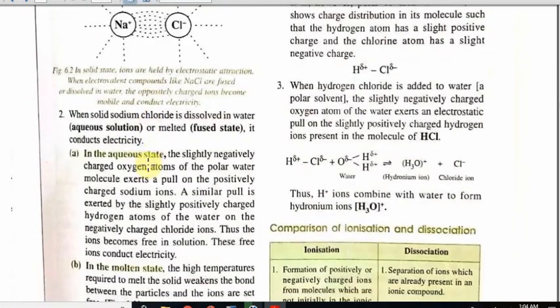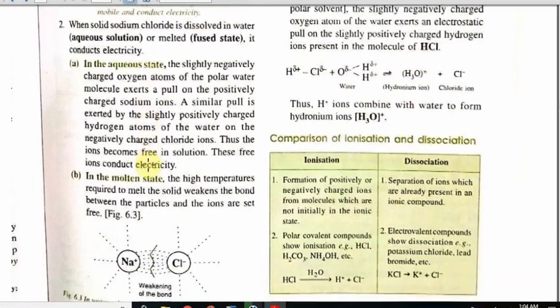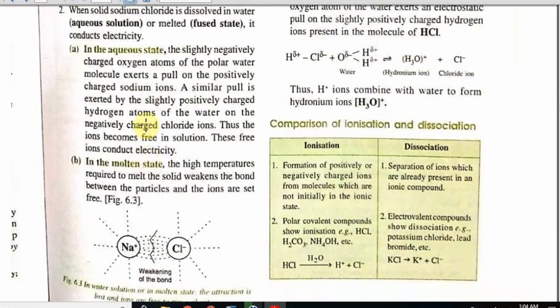When water is mixed or aqueous solution is made, you can see this is the breakup line. It means water weakens the bond. You can see in molten state or in aqueous solution, this strong bond is weakened.